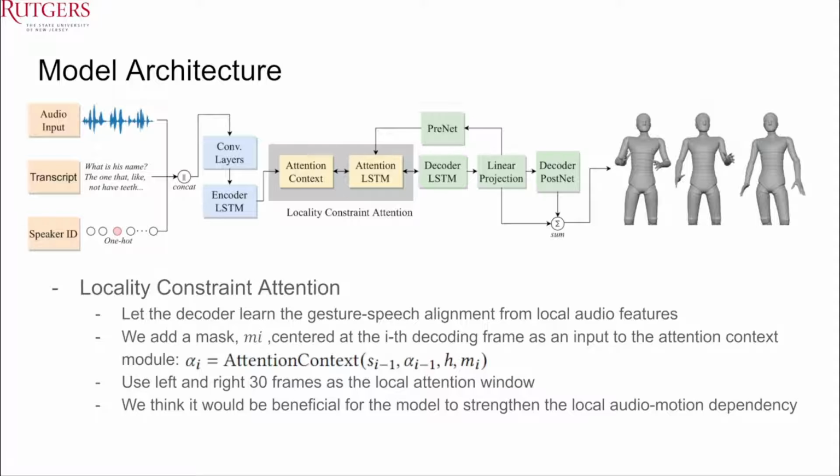The resulting weight alpha_i still sums up to 1, while the value is 0 at the time step where it's masked. In practice, we use the left and the right 3 frames, which is 1 second, as the local window for attention. We think it would be beneficial for the model to strengthen the local audio motion dependency.